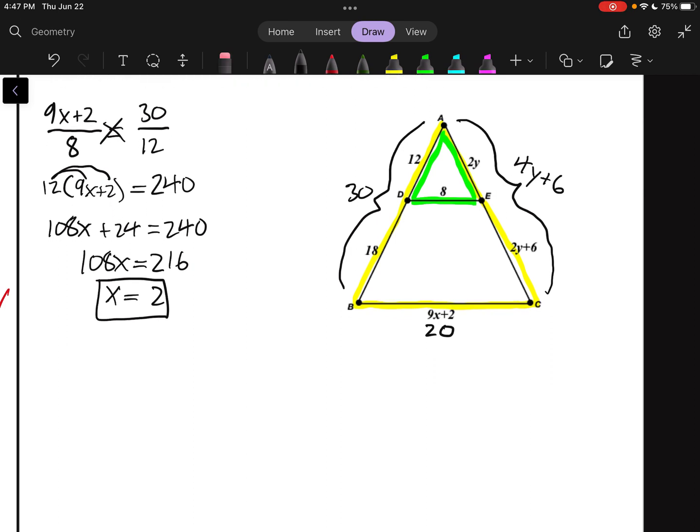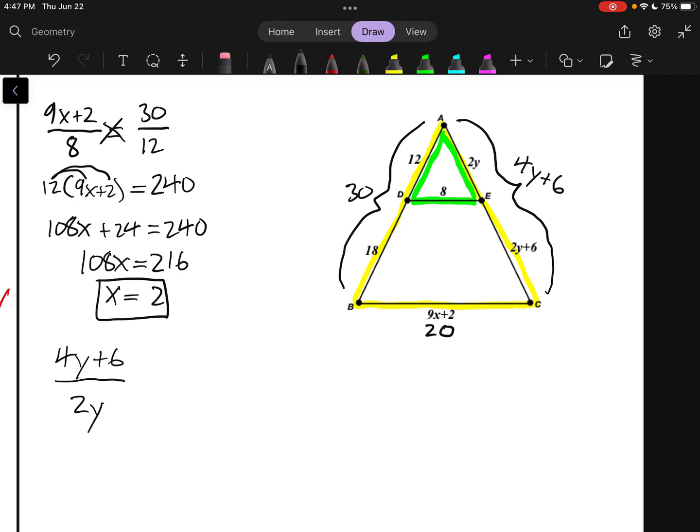So here's what I'm going to do. If I do the same strategy as I did before, so whole right side, 4y plus 6, over right side of the green triangle, which was just 2y.